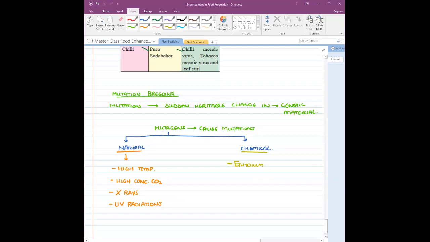We call this ETBR. Then we have EMS, ethyl methyl sulfonate. This is also a really potent one.